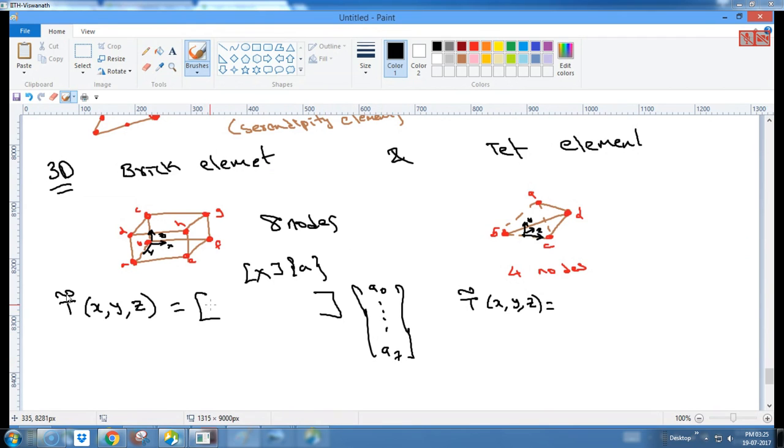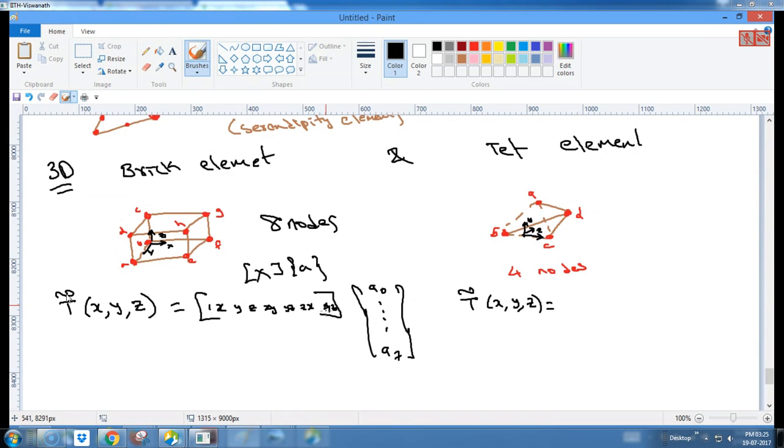So I will choose 1, X, Y, Z. Sorry, 1, X, Y, Z, XY, YZ, ZX. 1, 2, 3, 4, 5, 6, 7, and 8, XYZ.